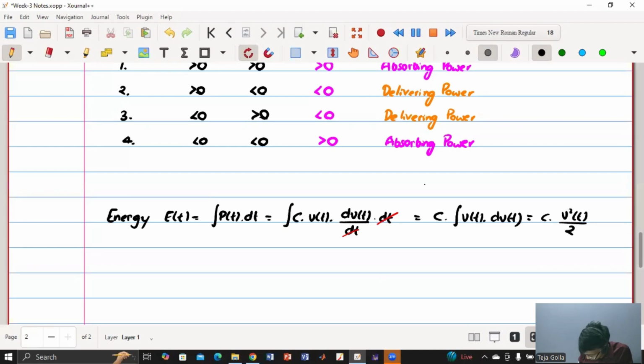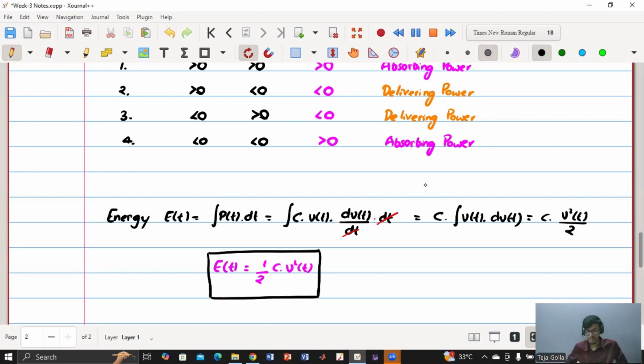So energy E of t is half C V square. Agree?